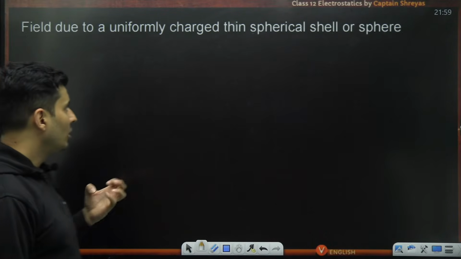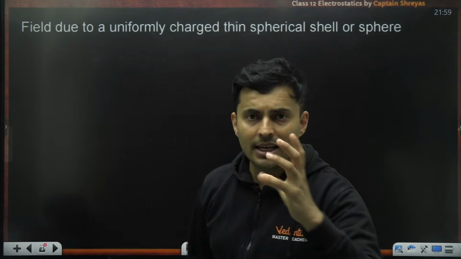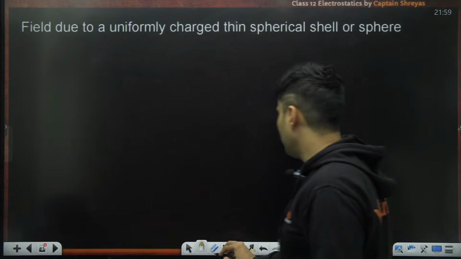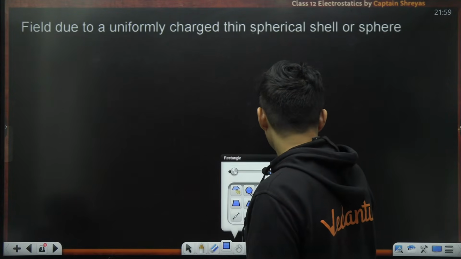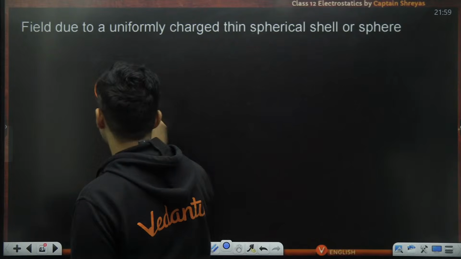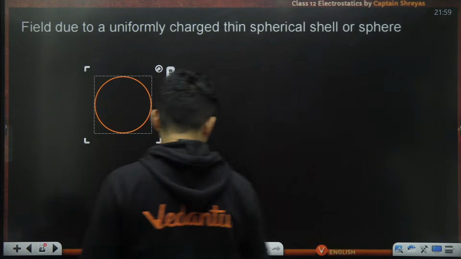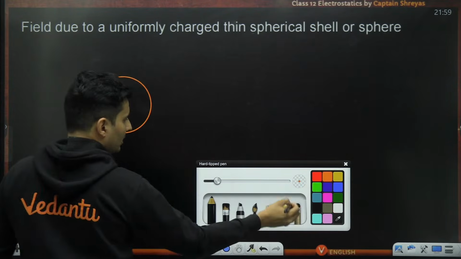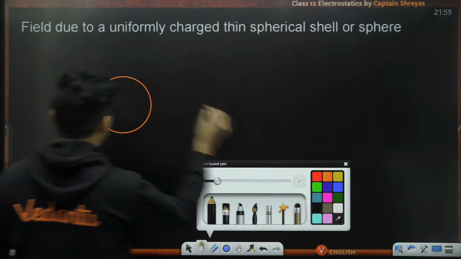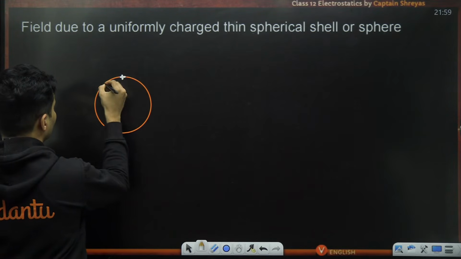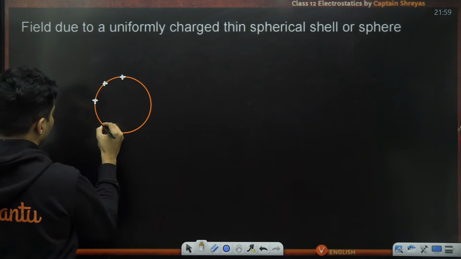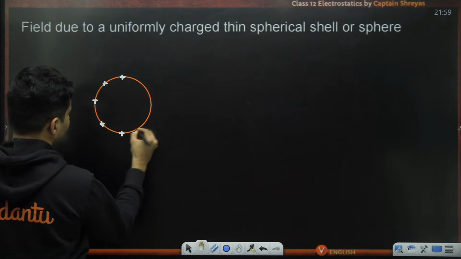Now let's go to the field due to a shell and a sphere. What's the difference? See, when I say a shell, it means literally a shell. The charges are only there on that shell, maybe like this.